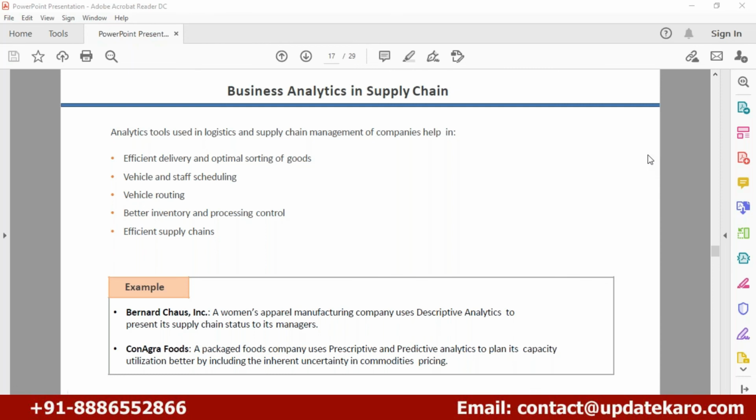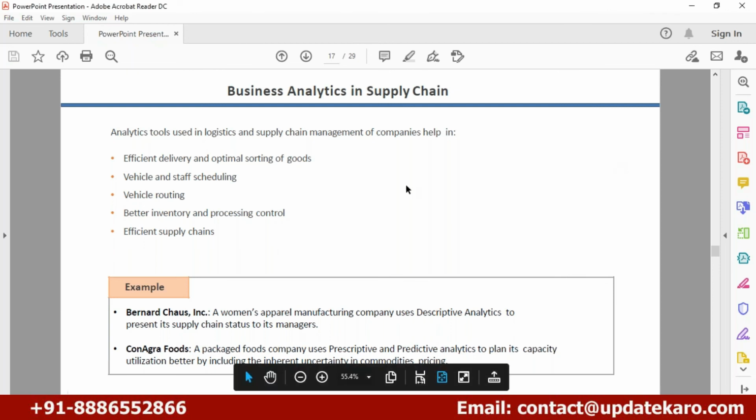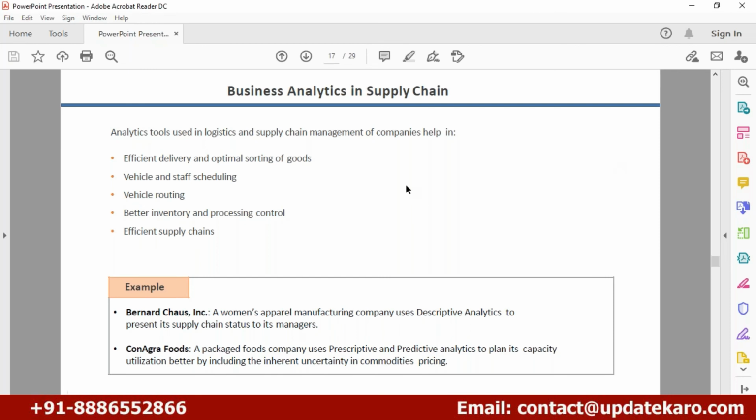So the company is able to predict the trend. At least it is able to get a figure in its mind, right? It has a figure, and it plays around that figure, more or less. That is how business analytics helps in supply chain also.